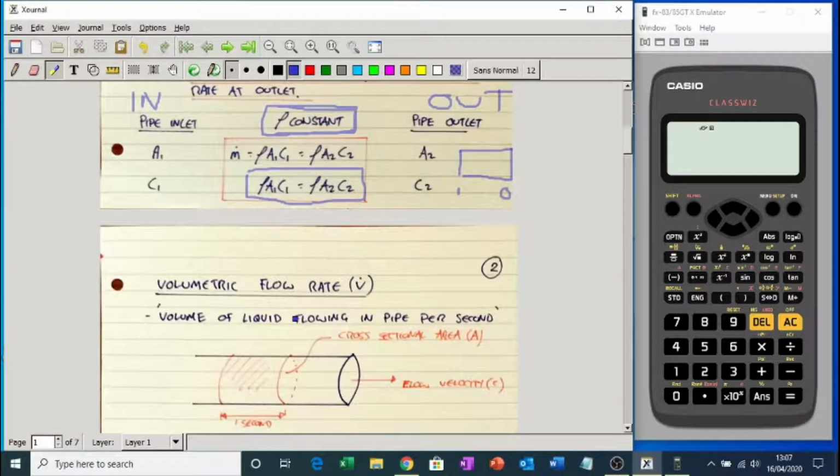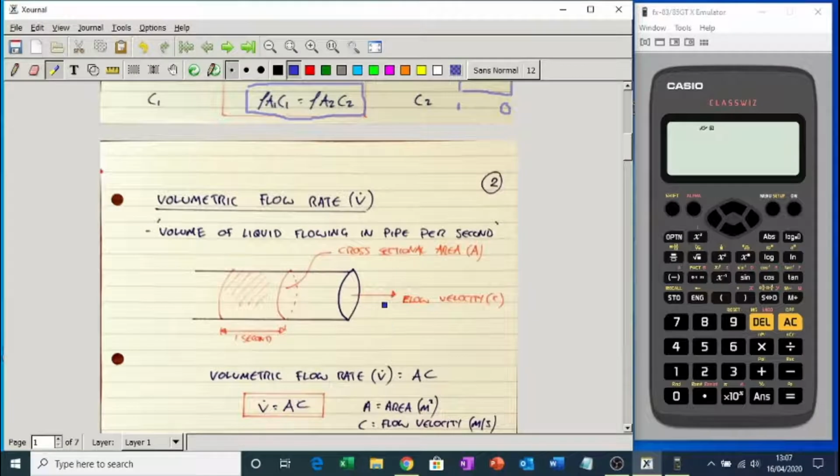Same thing with the volumetric flow rate, V dot, the volume of liquid flowing in a pipe per second. Same thing, 1 second, cross-sectional area, and that's my C, flow velocity. So here's a volume of liquid, volume of oil, volume of milk, volume of gas coming through, and it's how many cubic meters per second.